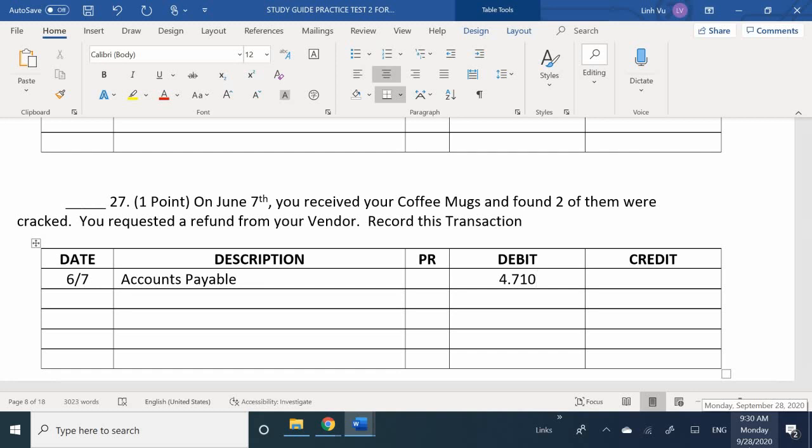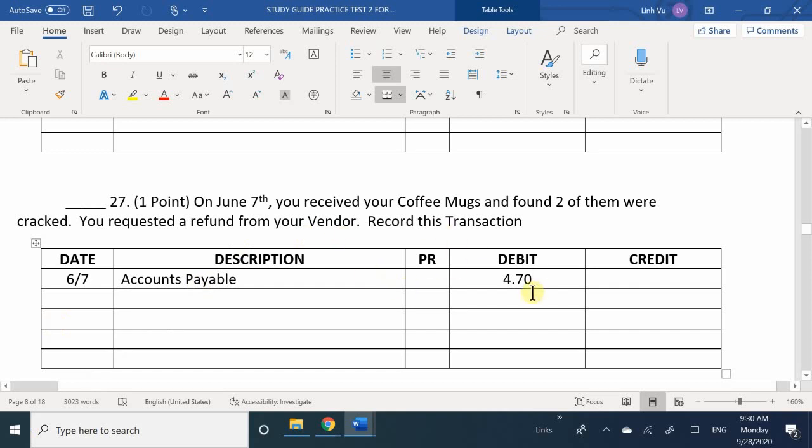Okay, can we include freight in this? No, we might actually have to pay ourselves to ship them out. But in this case, what is the vendor going to do with a broken mug? Okay, so they might just ship you out a new one. You don't need to ship it back for any reason. So accounts payable, good. We're going to reduce our amount by $4.70.